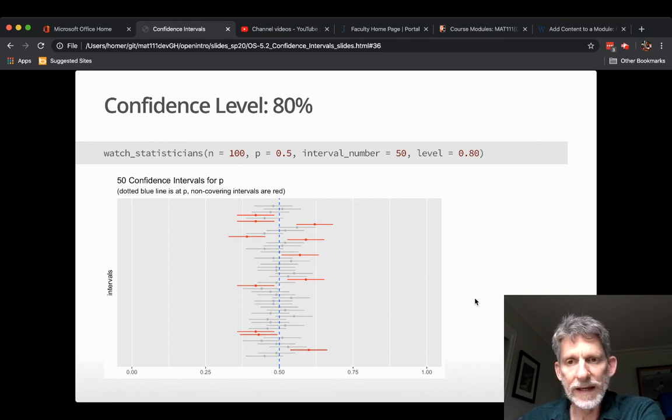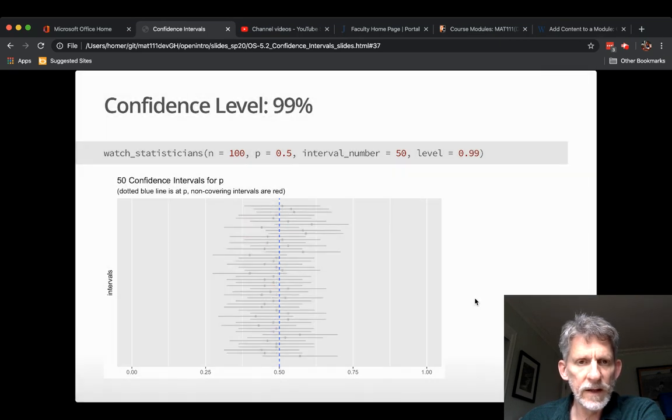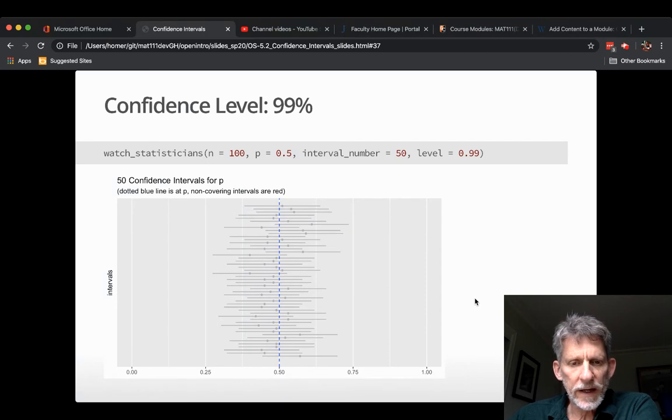After all, you're only 80% confident of containing the parameter this time. Here we are looking at sample size 100 and 99% confidence intervals. They're all rather wide, and they all contain the population parameter. Only about 1 in 100 of them would fail to do so.